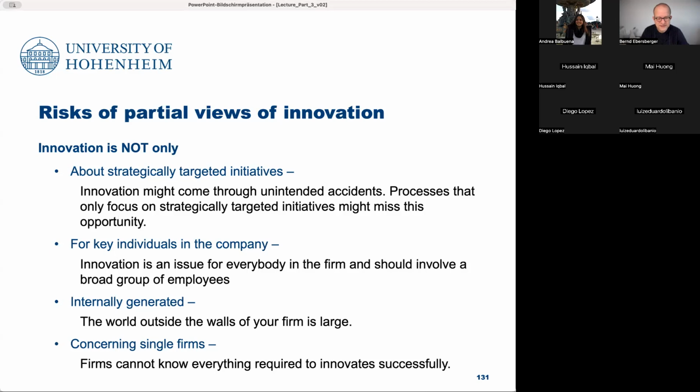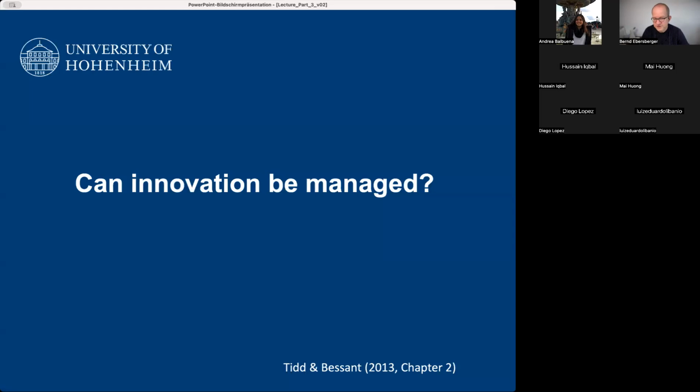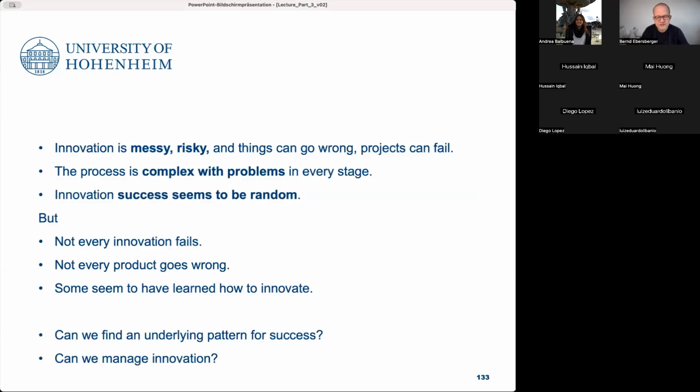You need a lot of actors in your organization, and openness of your mind, openness of the organization towards innovation is crucial for making innovation successful in your organization. But the overall question still remains: can innovation be managed?